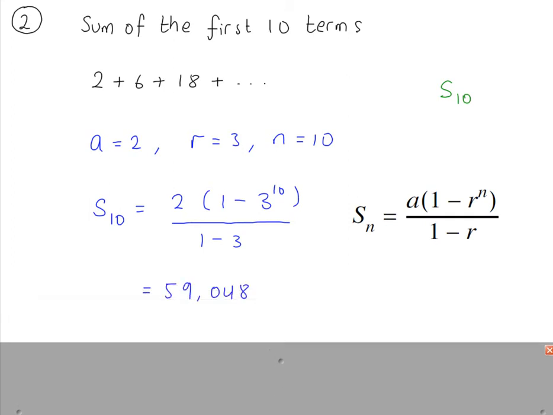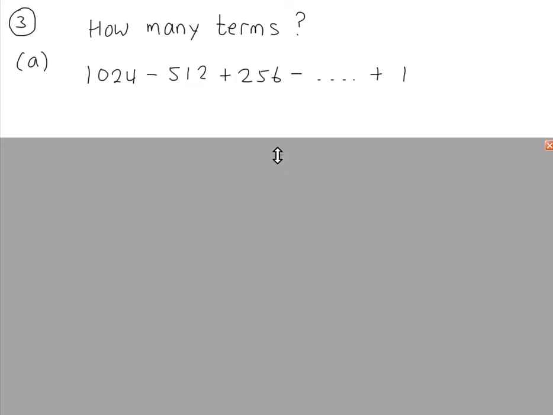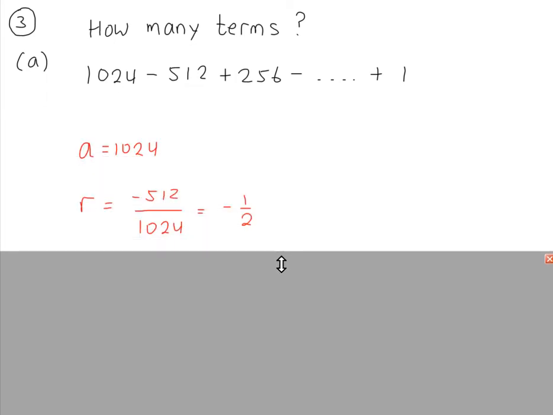Example 3. We have a series, it's geometric, the first term is 1024. The common ratio: if we take two consecutive terms, the term on the right, it's negative, divided by the term on the left, we have the common ratio.